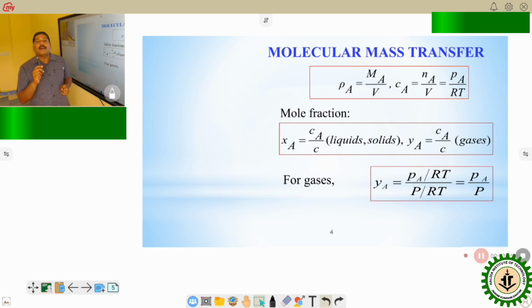Just applying the ideal gas law equation, you can simply write that CA is equal to PA by RT, where PA is the partial pressure of species A. Again we can simplify: XA is equal to CA by C, and applying the ideal gas law, for the gaseous phase yA is equal to PA by P, the partial pressure of species A divided by the total pressure of the system.